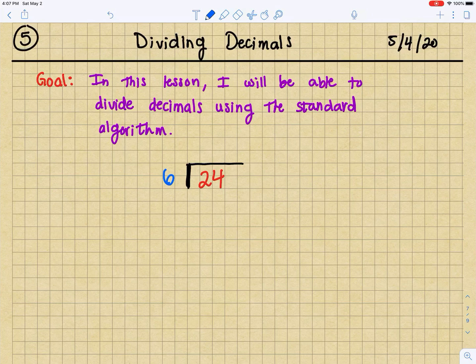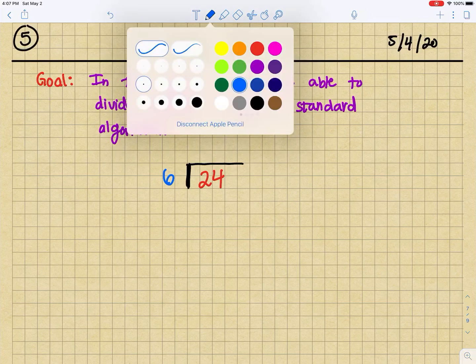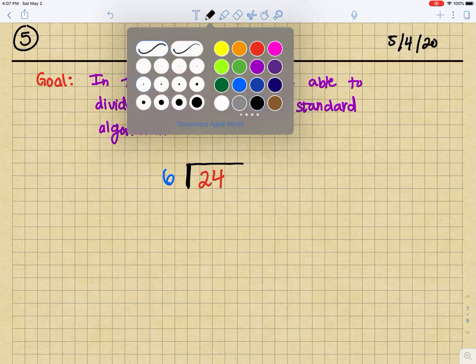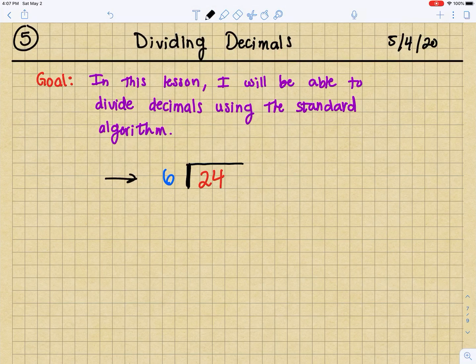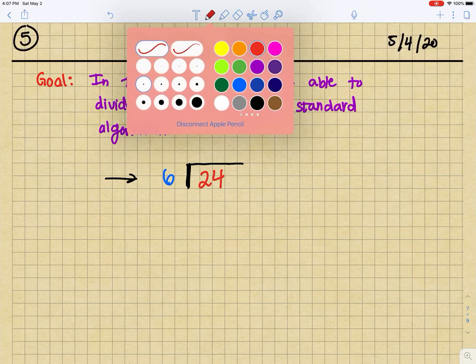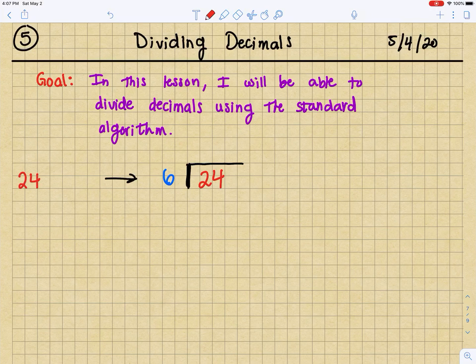This setup comes from the number sentence that looks like this: 24 divided by 6.